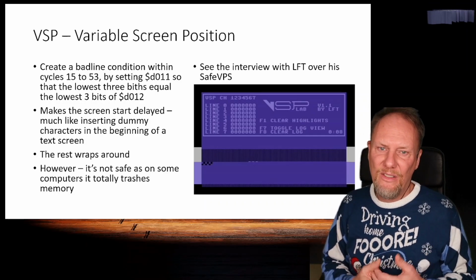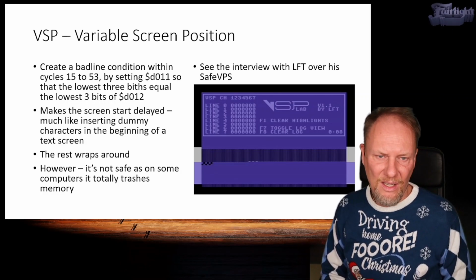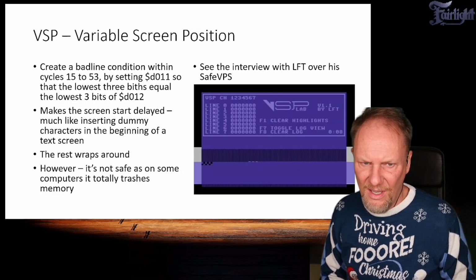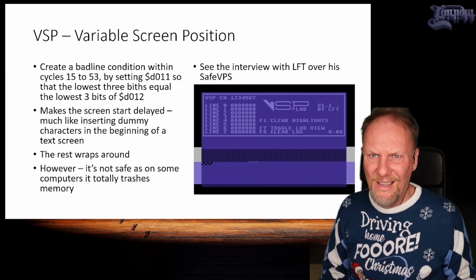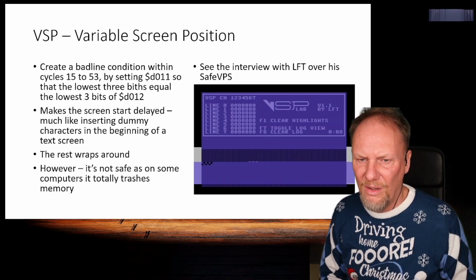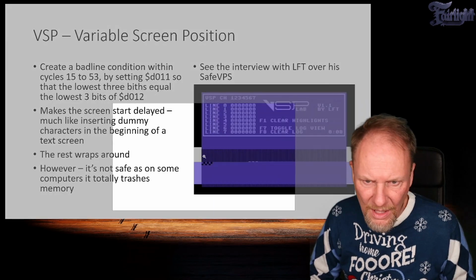So the screen start is sort of delayed. I think that describes it better than I did. And it's inserting dummy characters. So you see this check mark little thing in the beginning here on the screen, let's see if I can zoom into that one.